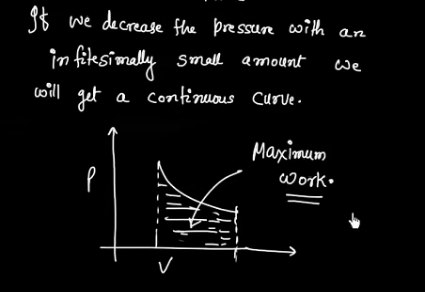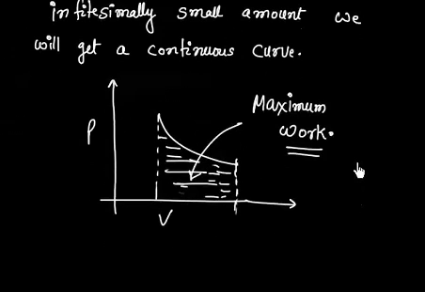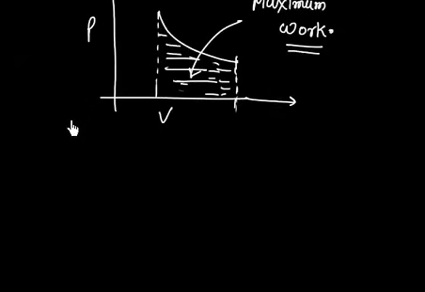This kind of process, in which the system always remains in equilibrium with the surroundings, that is, P internal is always equal to P external, is called a reversible process. So now we can define a reversible process. What is a reversible process?